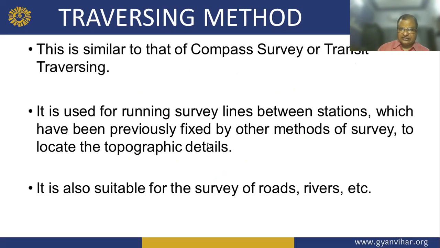This is similar to the compass survey or transit traversing, and it is used for running survey lines between the stations which have been previously fixed by other methods of survey to locate the topographic details.